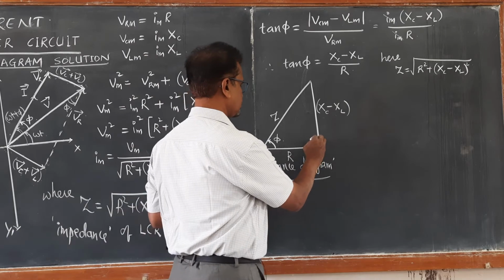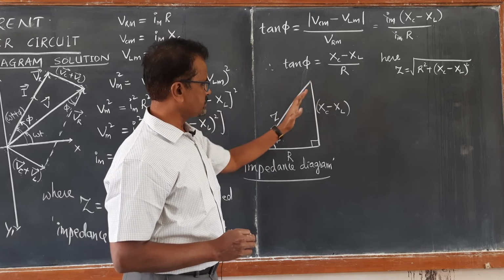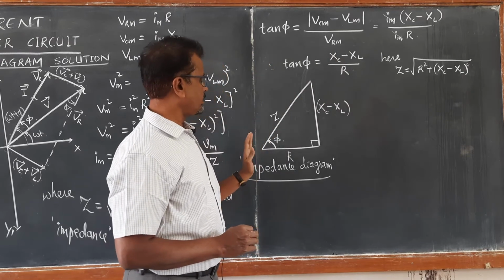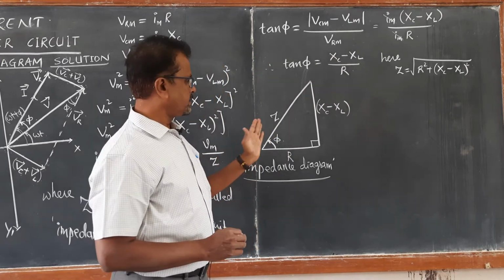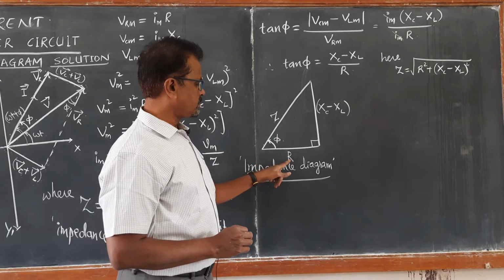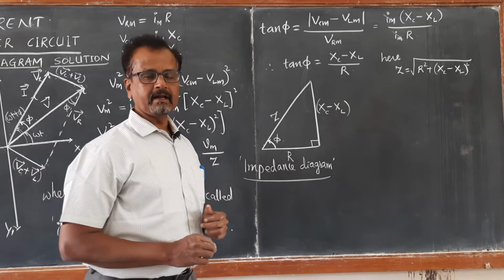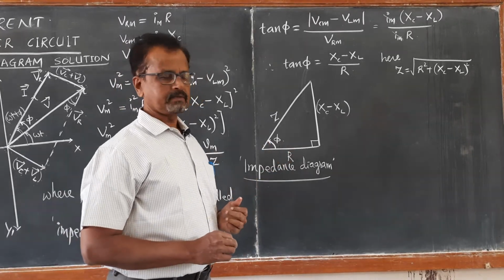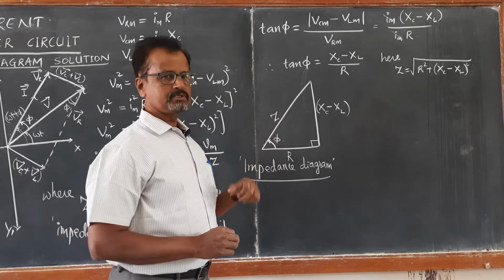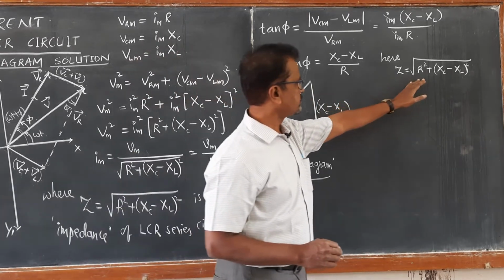So tan phi is equal to the opposite, XC minus XL, divided by the adjacent, R. And the impedance is very easily remembered here as Z equal to the square root of R square plus XC minus XL square, using the right angle triangle and the Pythagoras theorem. Using Pythagoras theorem, the square of the hypotenuse, Z square, equals the sum of the squares of the other two sides, R square plus XC minus XL square. That is how it is written here.